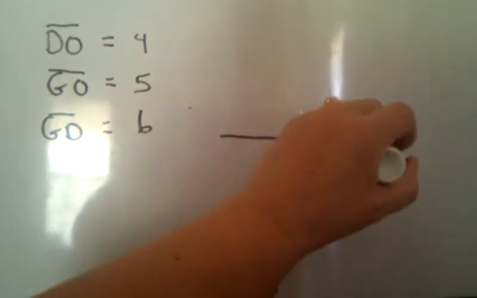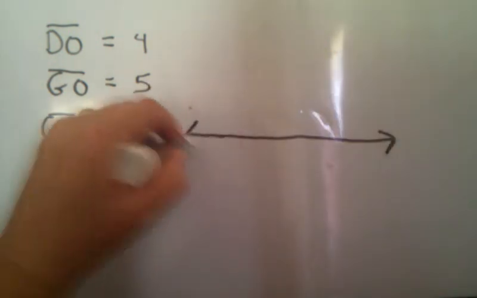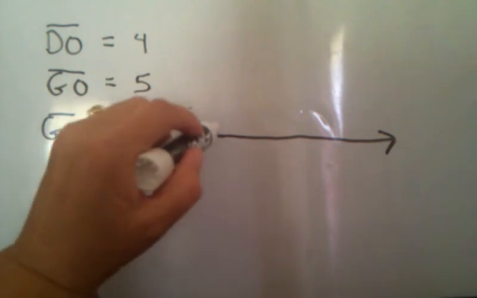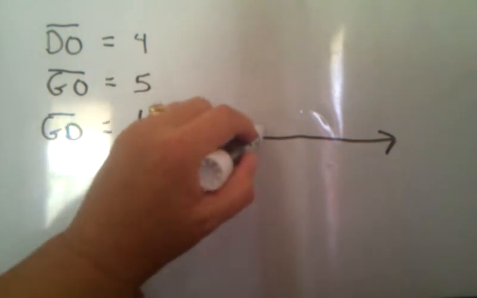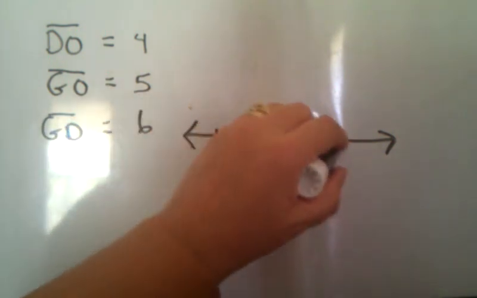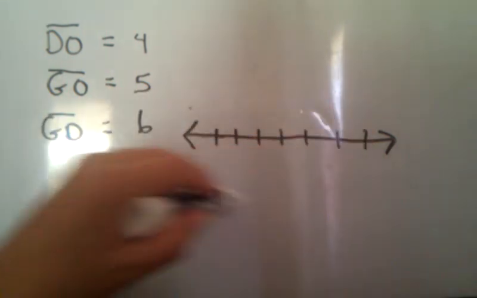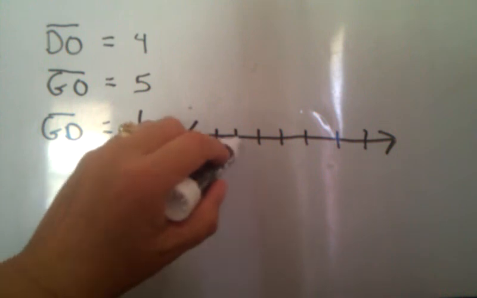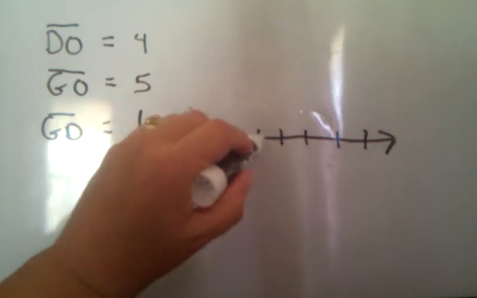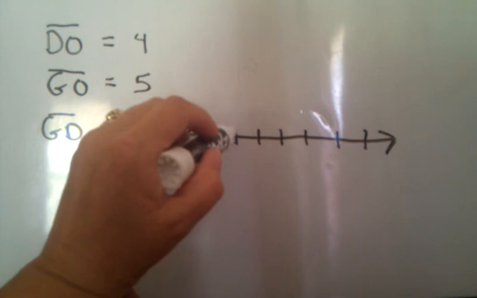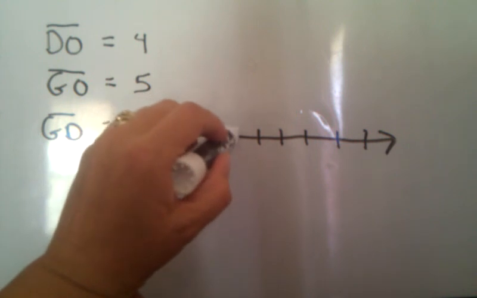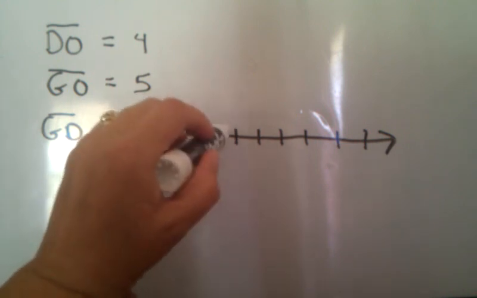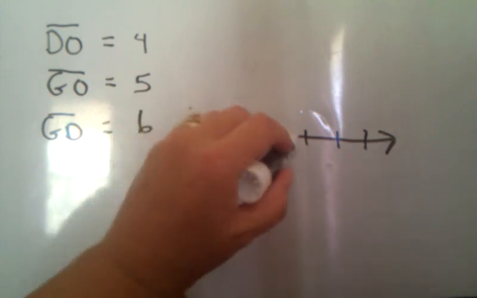Well, let's see. I'm going to draw a line. And my highest number is 6, so I'm just going to put 6 lines. 1, 2, 3, 4, 5, 6. I'm going to do another one too. Okay, D to O is 4. 1, 2, 3, 4. I guess I'm supposed to be counting the spaces. 1, 2, 3, 4.